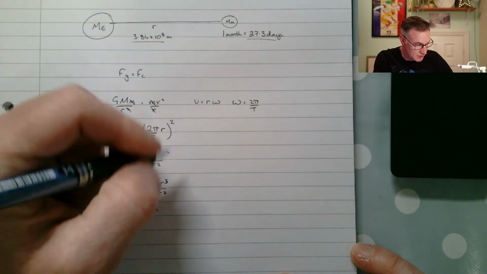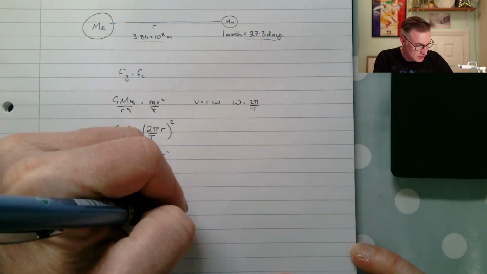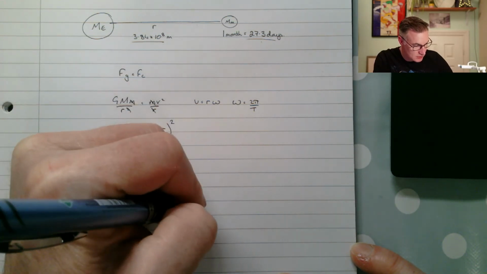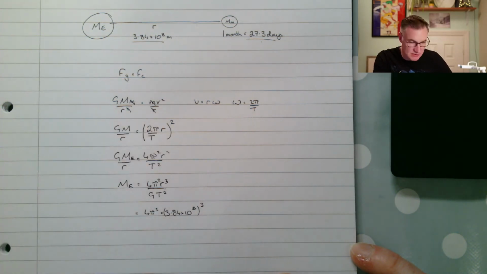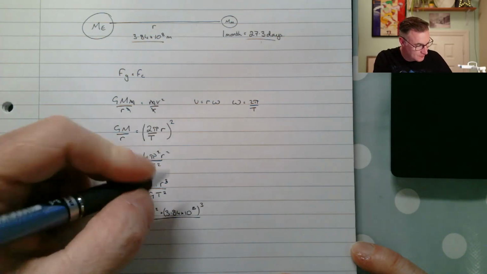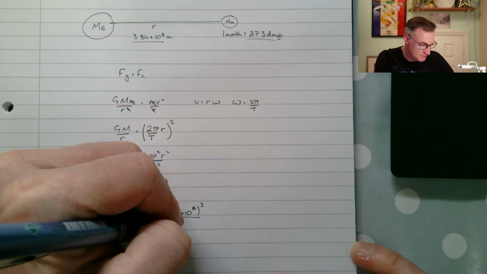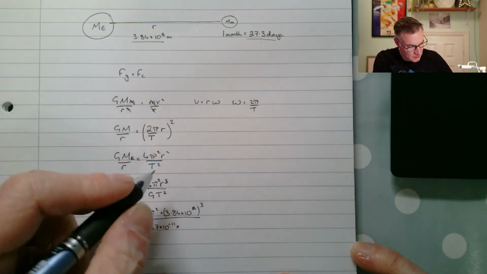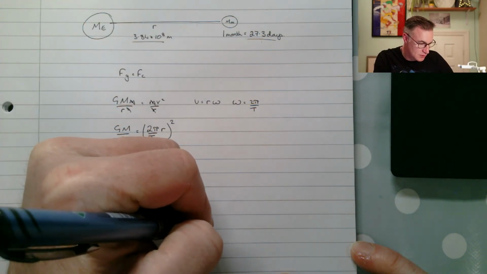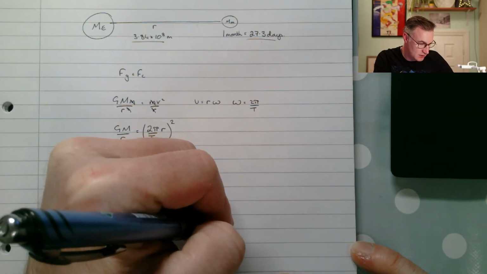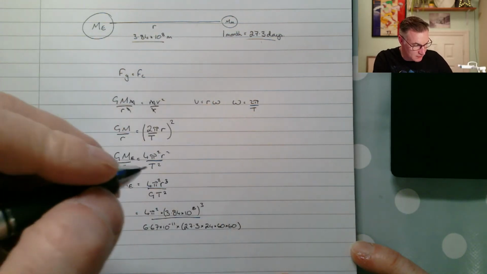So 4 pi squared times 3.84 times 10 to the power of 8 cubed, over Newton's gravitational constant 6.67 times 10 to the minus 11 times the period squared, so that's 27.3 times 24 times 60 times 60, and don't forget to square it.